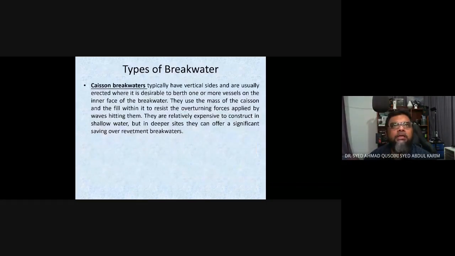So the types. Caisson breakwater have vertical sides that are usually erected where desirable to berth one or more vessels. There is a mass of caisson and the fill within to resist overturning forces. Relatively expensive to construct in shallow water.